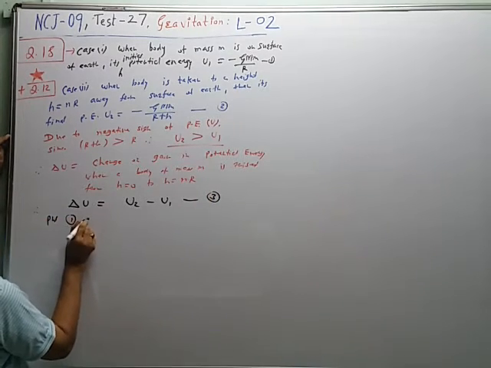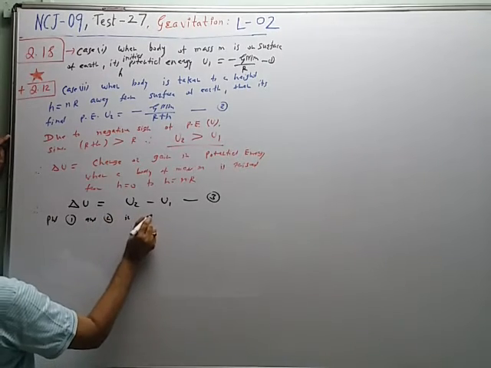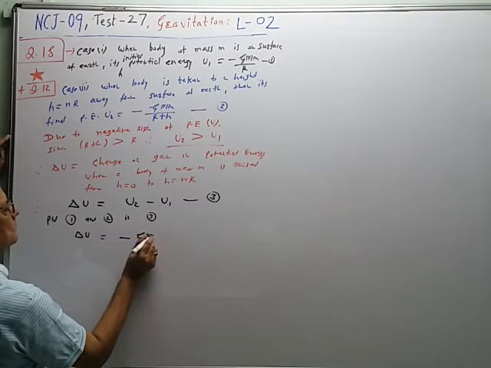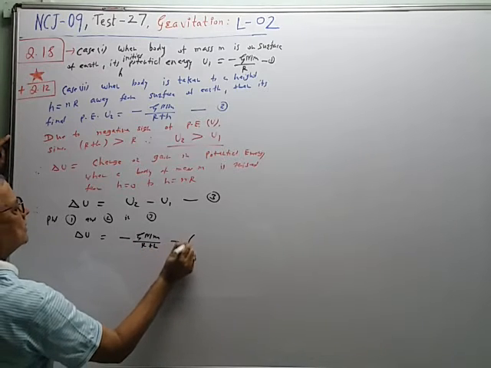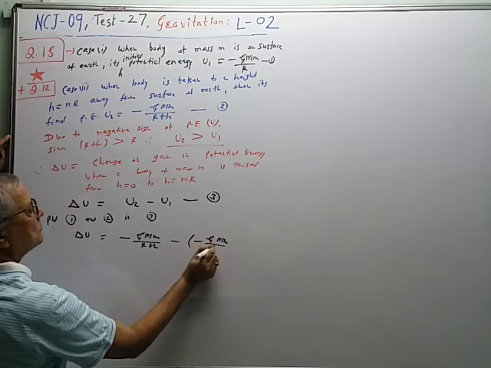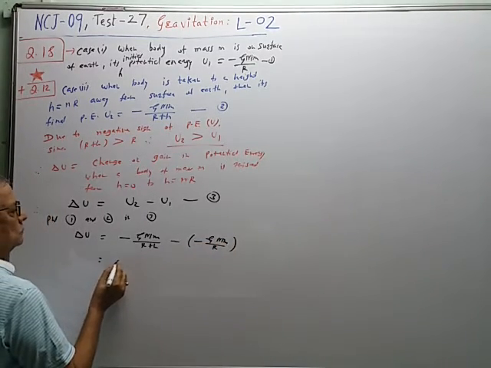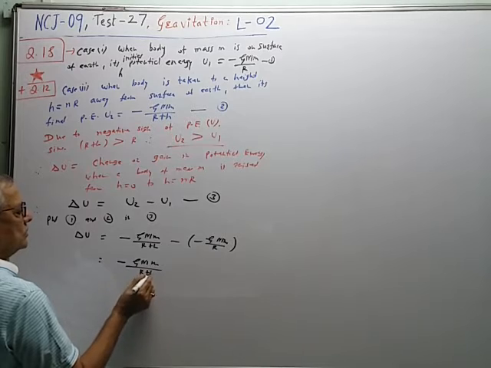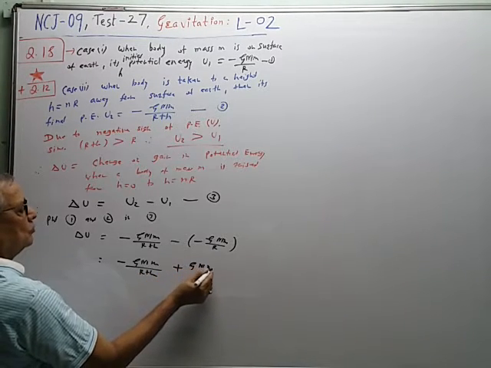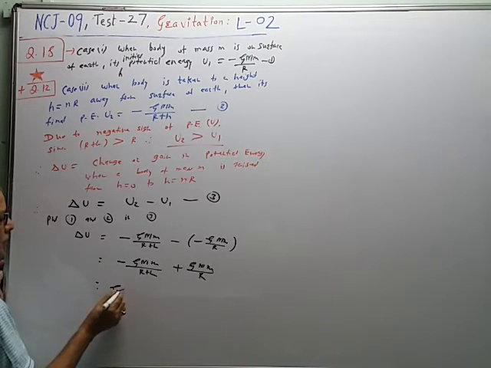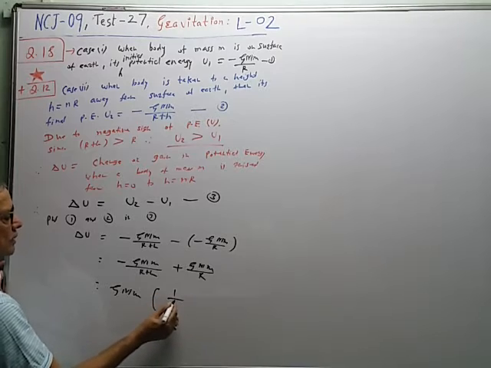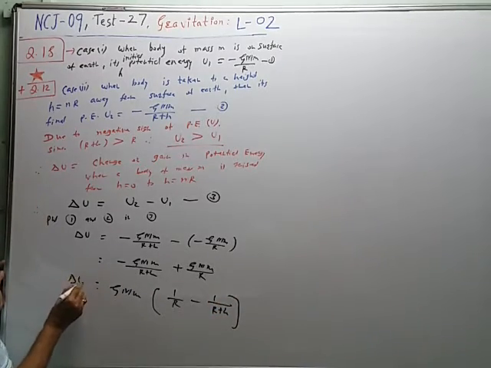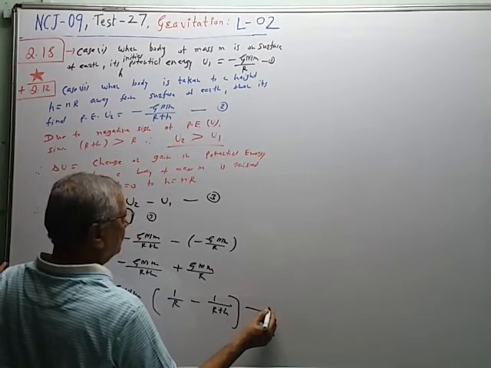Put 1 and 2 in equation 3, and therefore delta U is equal to minus GMm upon R plus h minus, minus GMm upon R. So this will become plus GMm upon R. GMm common into bracket, 1 upon R minus 1 upon R plus h is delta U. So this is equation 4.